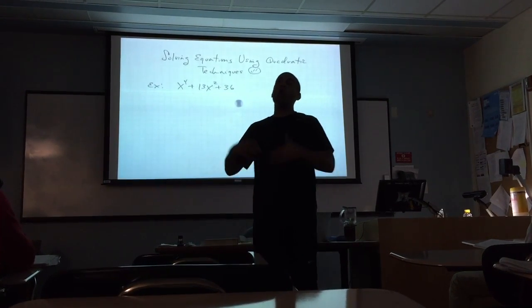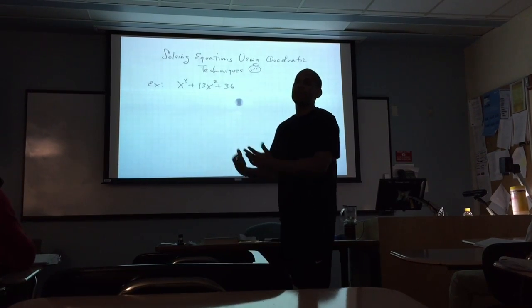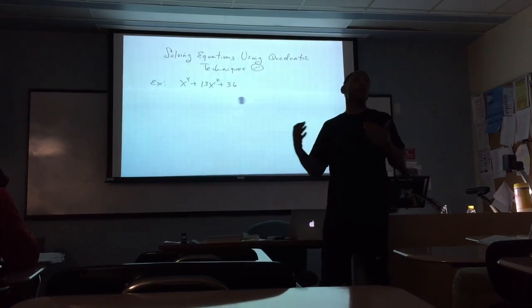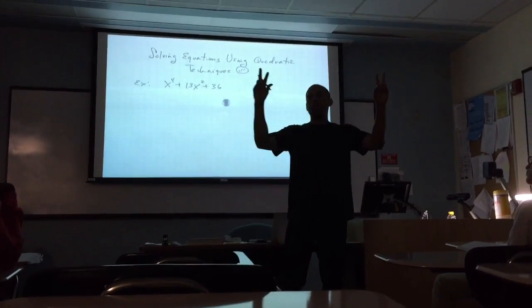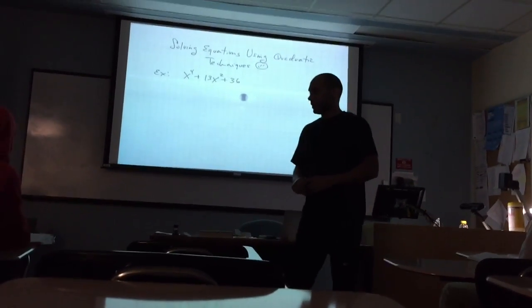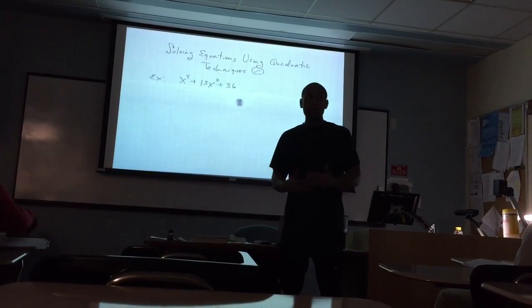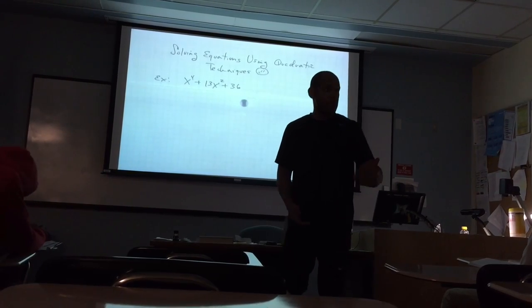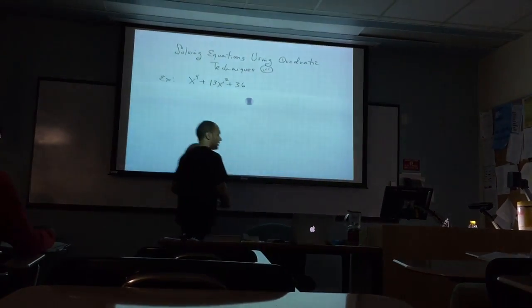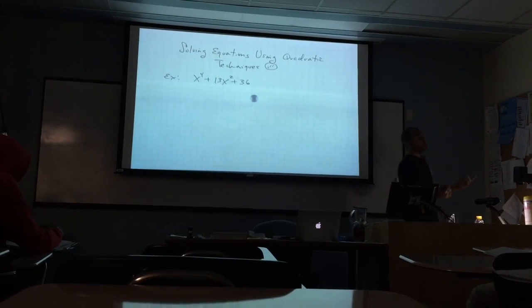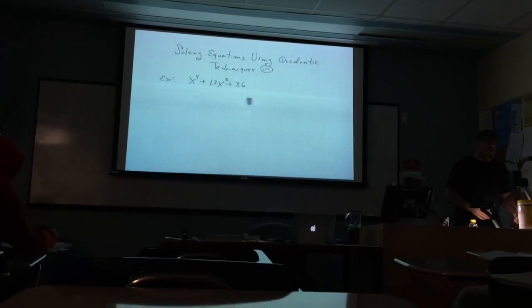Will we always be able to do that? The answer is no. But there are some warning signs that you should always be on the lookout for, to let you know if you can treat it as a quadratic.